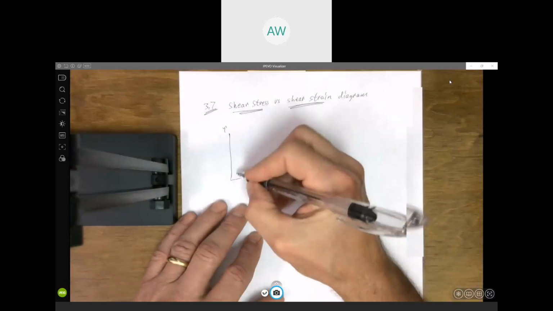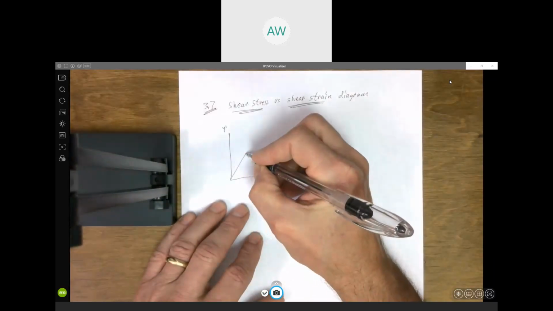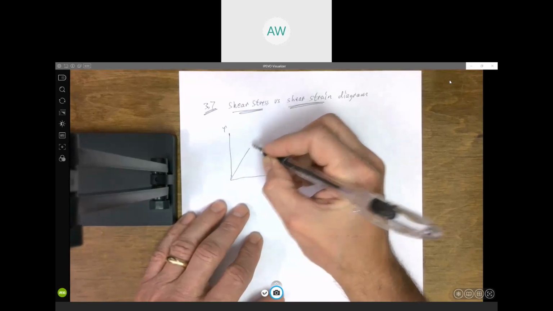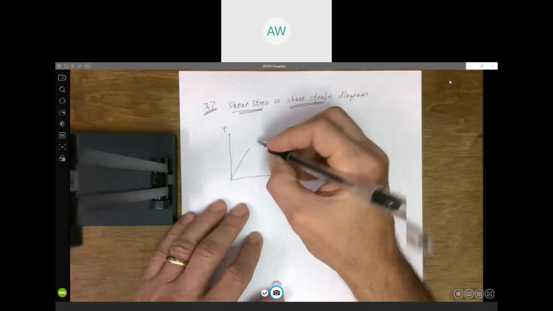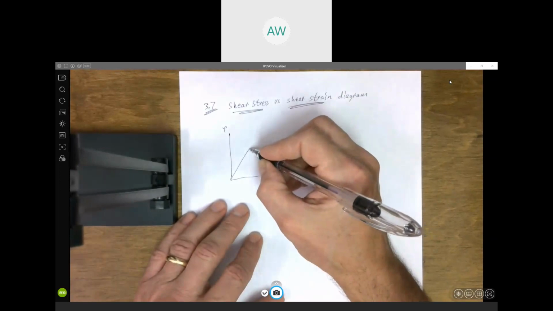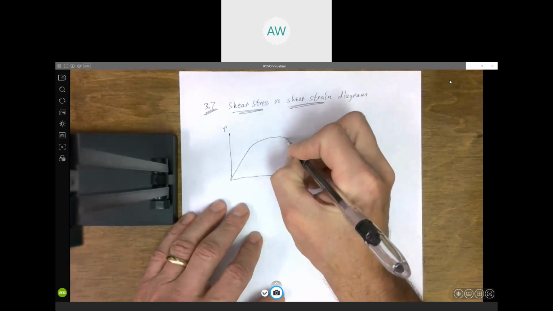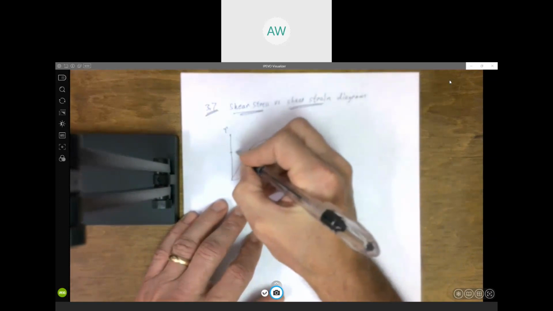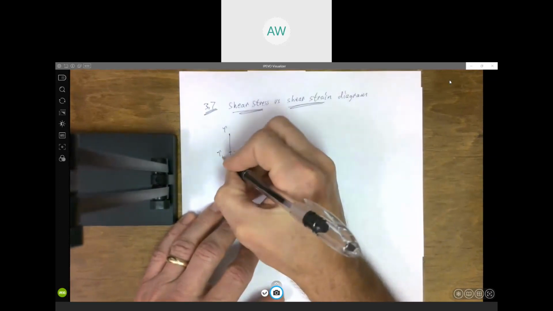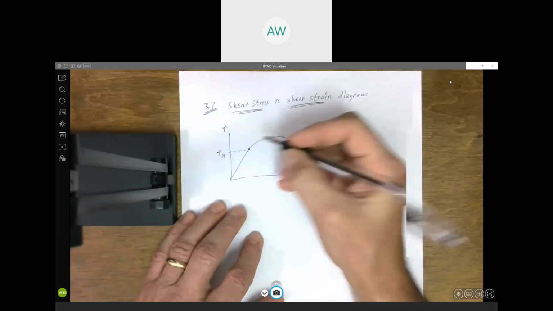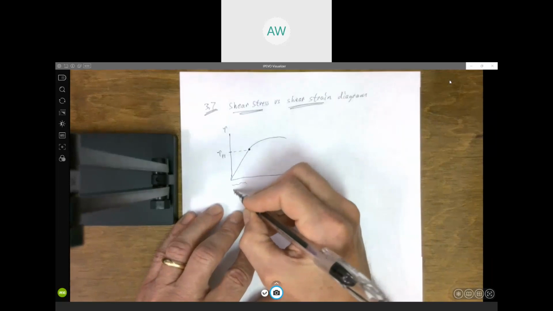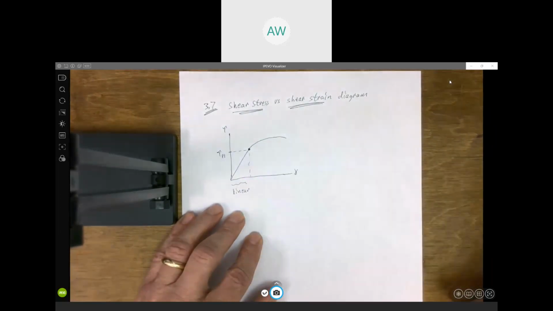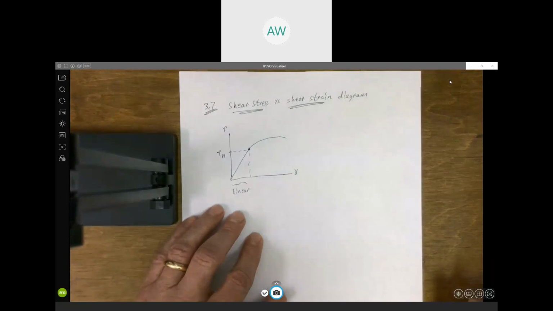And this, for example, maybe your shear stress versus shear strain diagram. Again, for most steels, it will have a nice linear section, and then it will have a curved section. And so there is what we refer to as the proportional limit, that defines this linear part, just like with the other diagram.